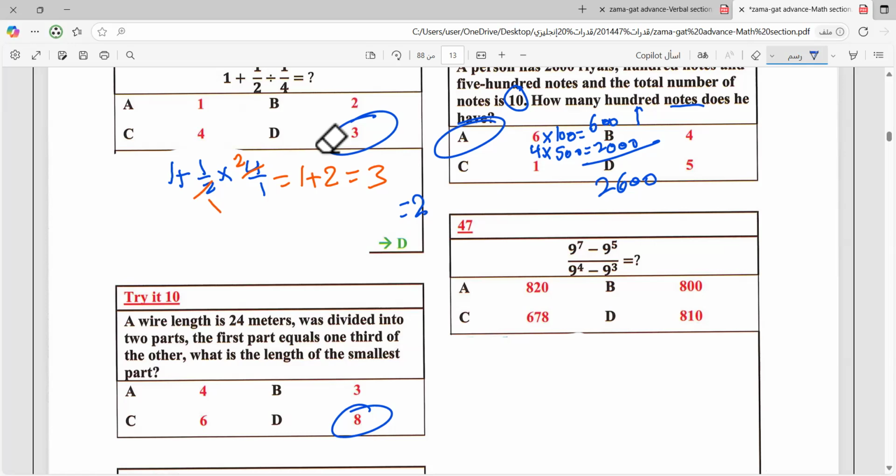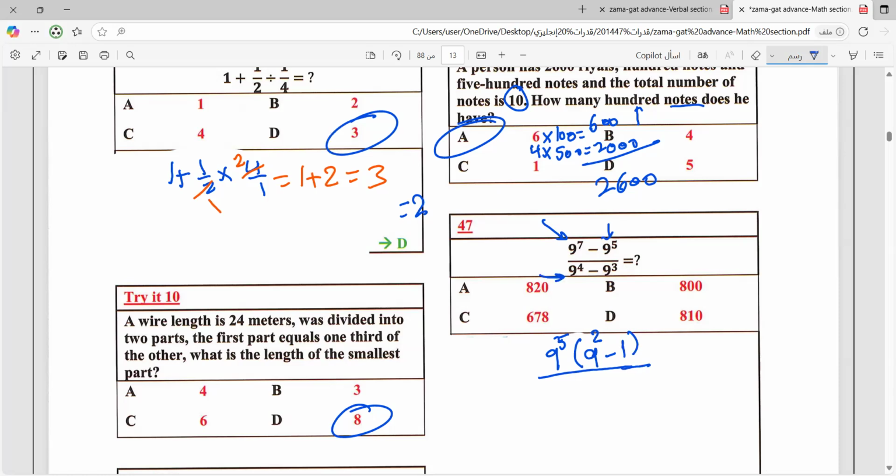So what will I do? You take the common factor, the least common factor. What is the least common factor here? 9 to the power 7, 9 to the power 5. You take 9 to the power 5. What is the remainder here? It will be 9 to the power 2 minus 1.